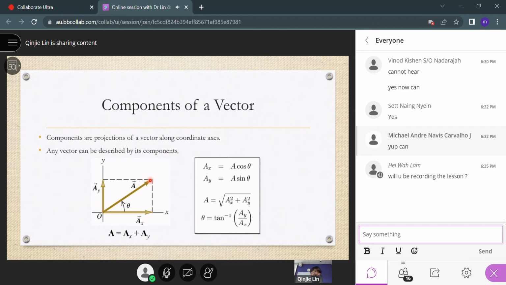This A, we can resolve it into this in the y-axis and also into this in the x-axis. In other words, if you do Ax plus Ay, it should equal the original vector. So we are just rewriting the original vector into two other vectors that are in perpendicular directions. This is resolving the vector into its components.